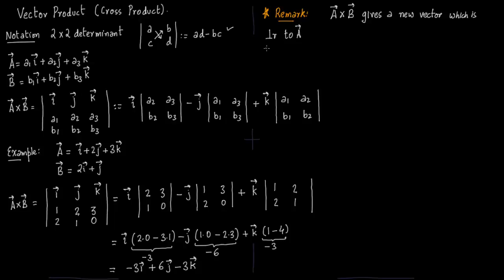This new vector is perpendicular to both A and B. Let A vector cross B vector be some vector you denote by C. Then C vector dot product with A vector would be length of C vector times length of A vector times cos theta. Theta is pi by 2 here because they are perpendicular, so this is 0. Similarly, C vector dot product with B vector would be 0.